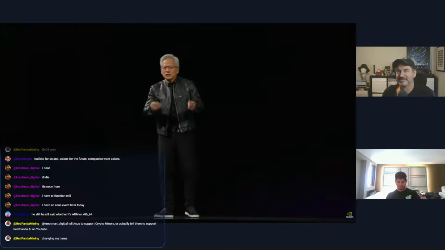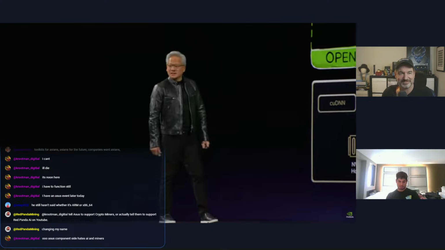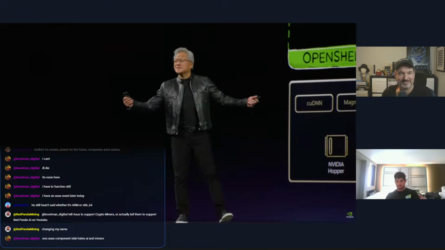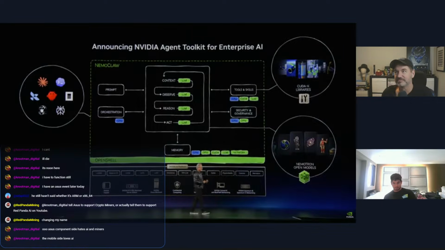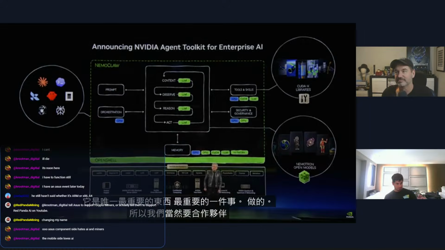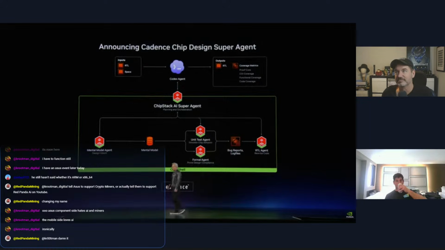Now, how do we use this? One of my favorite use cases of agents is chip designers. It is the single most important thing that NVIDIA does. And so, of course, we have to partner with Cadence to build a chip design super agent. It is orchestrated by Codex or Claude Code.